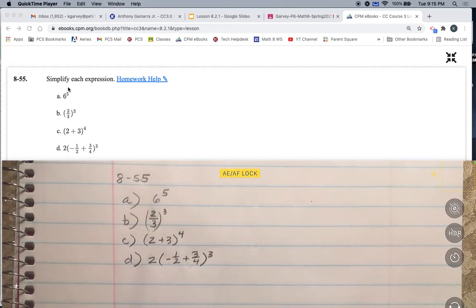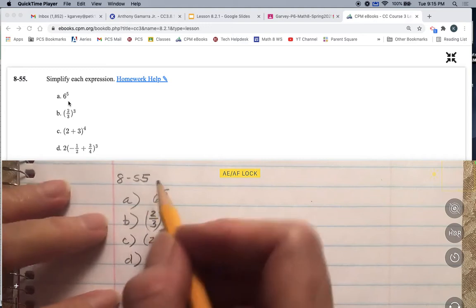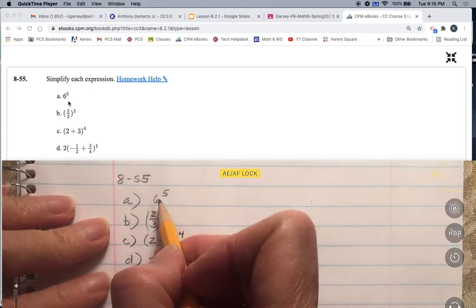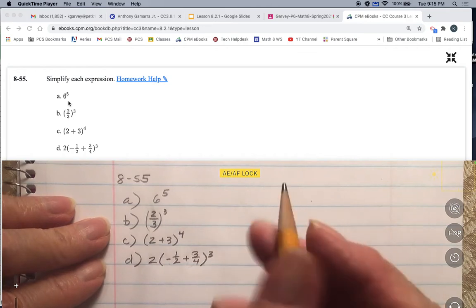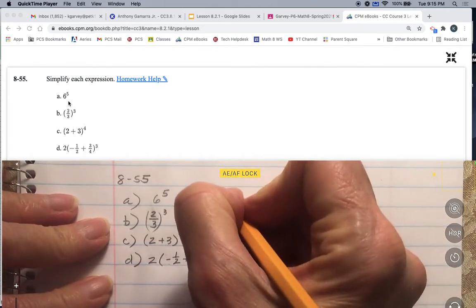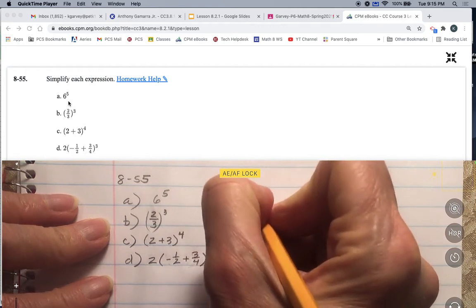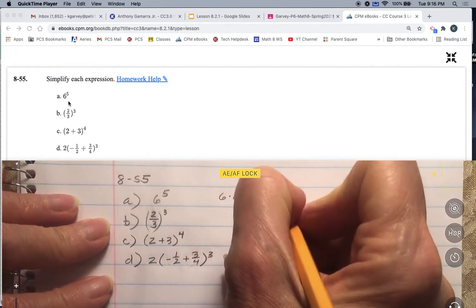Problem 8-55, simplify each expression. Our first one is 6 to the 5th power. The best way to simplify that is to take all these 6's and multiply them out. So we're going to have five 6's: 1, 2, 3, 4, 5.